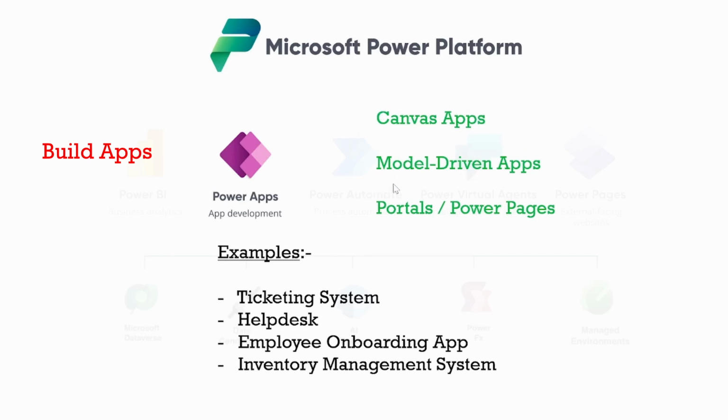Next component is model driven apps. There is a predefined interface which we can modify from the inside. And lastly, portals or Power Pages. I'm not going to talk much about this since we will be discussing Power Pages later in this video.